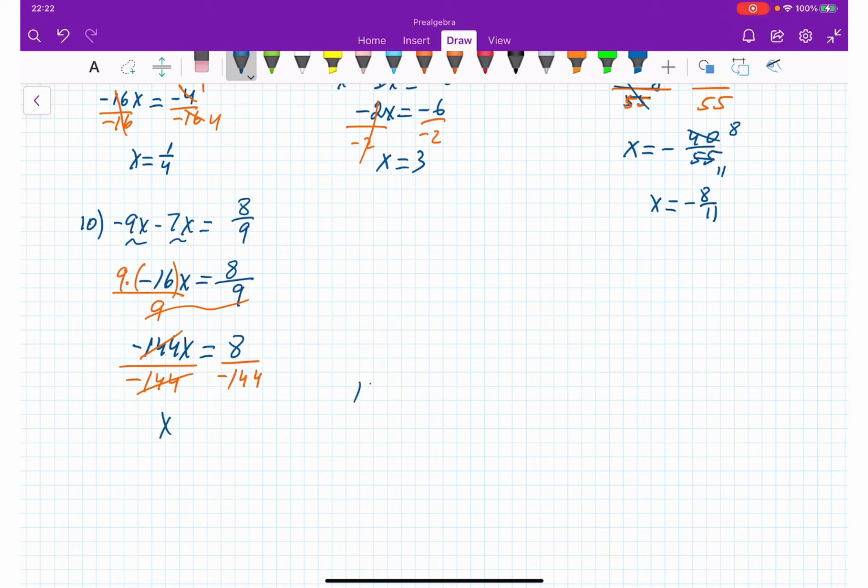Now let's see. 144 divided by 8. 1 times, this is 8, 14 minus 8 is 6, 64 is 8, 18. x is equal to negative 18. Oh, excuse me, 1 over 18. This is 1, this is 18. All right.